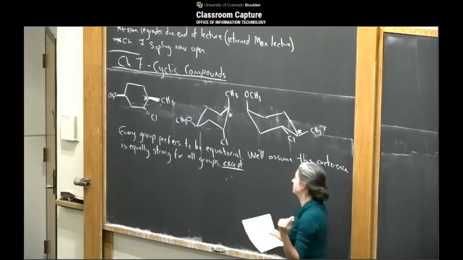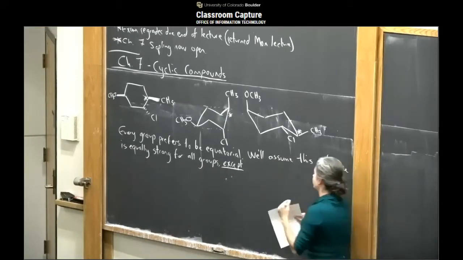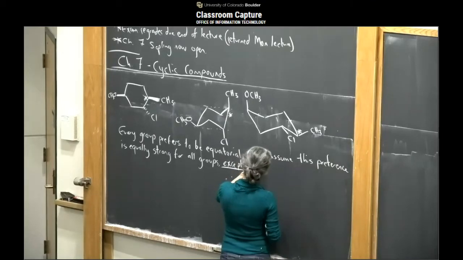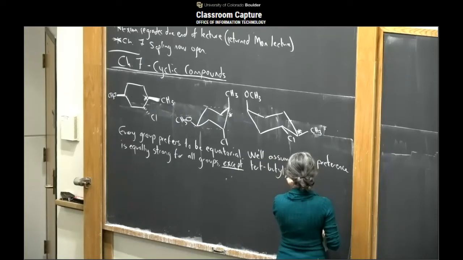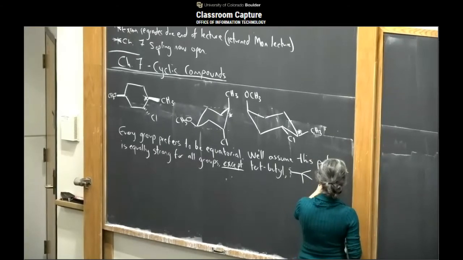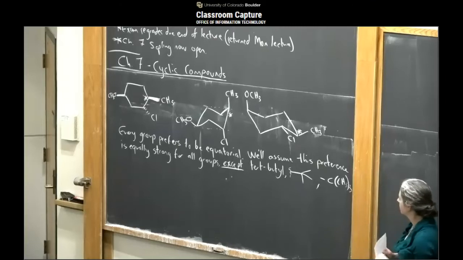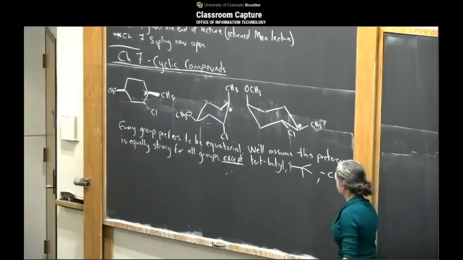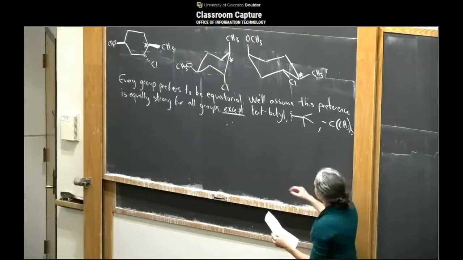Does anyone remember what it was that I covered right at the end of lecture last time? Terbutyl, yeah. So terbutyl, you can show it as a bond coming off of the ring with this crowfoot looking thing, or as a carbon with 3 methyls on it, C(CH3)3.